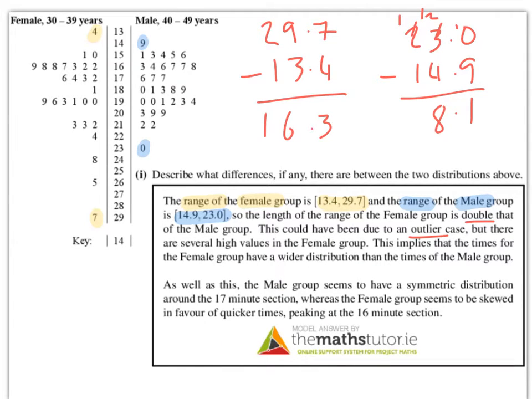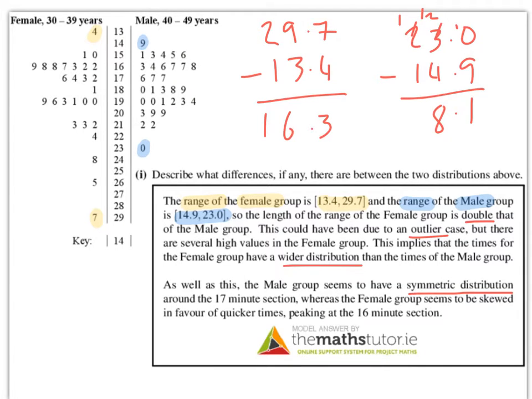This implies that the times for the female group have a wider distribution than the times for the males. So these are the key phrases you want to be using when answering these questions: outliers, wider distributions, range.